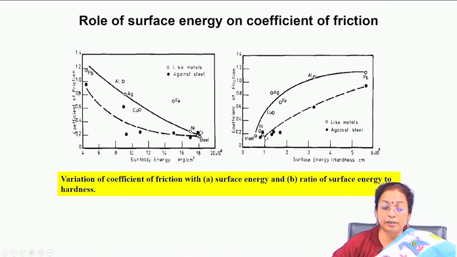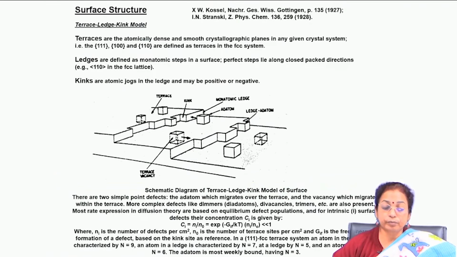So, naturally the relationship is very complex in nature. You cannot say that only surface energy or only mechanical properties play a role in determining the coefficient of friction, but a kind of combined relationship plays a role in determining it.